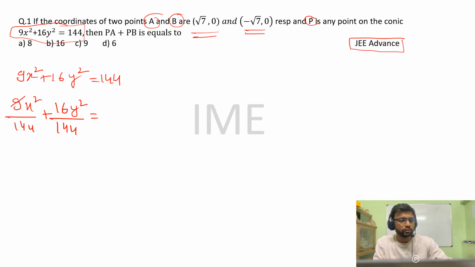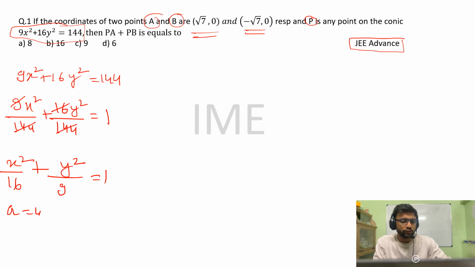So here 9, 16, 16, 9, and on the right hand side we have 1. So x square upon 16 plus y square upon 9 is equal to 1. Here we have a is equal to 4 and b is equal to 3. It means a is greater than b.